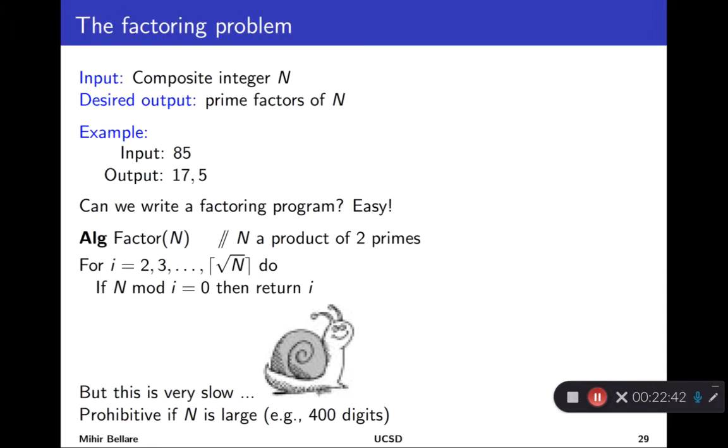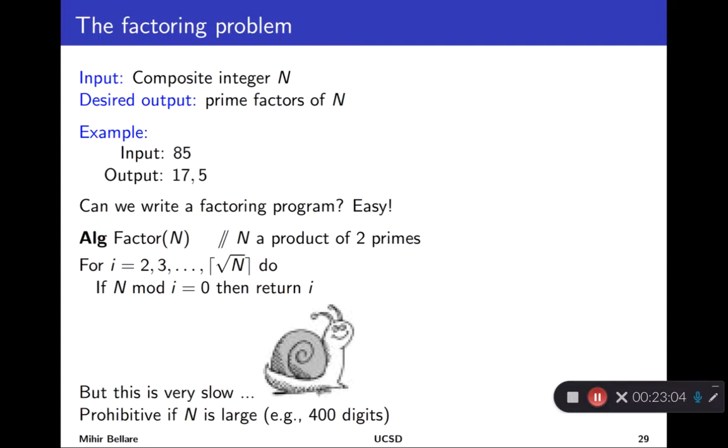The difficulty is that as the size of your numbers grows, this algorithm becomes very, very slow. In cryptography, we use numbers which have hundreds to thousands of digits. So not 2 digits like 85, but imagine 400-digit numbers. On a modern computer, it's not actually hard to work with such numbers with regard to normal operations, addition, multiplication, and so on.